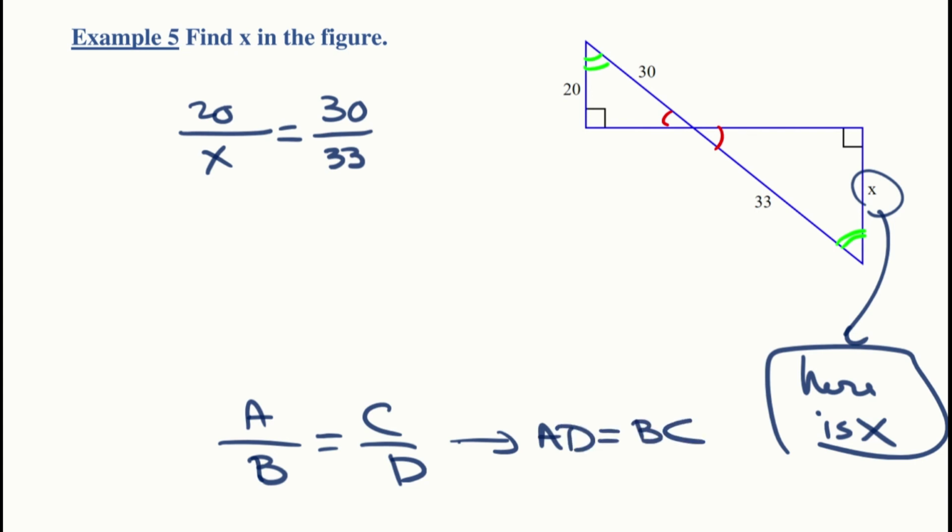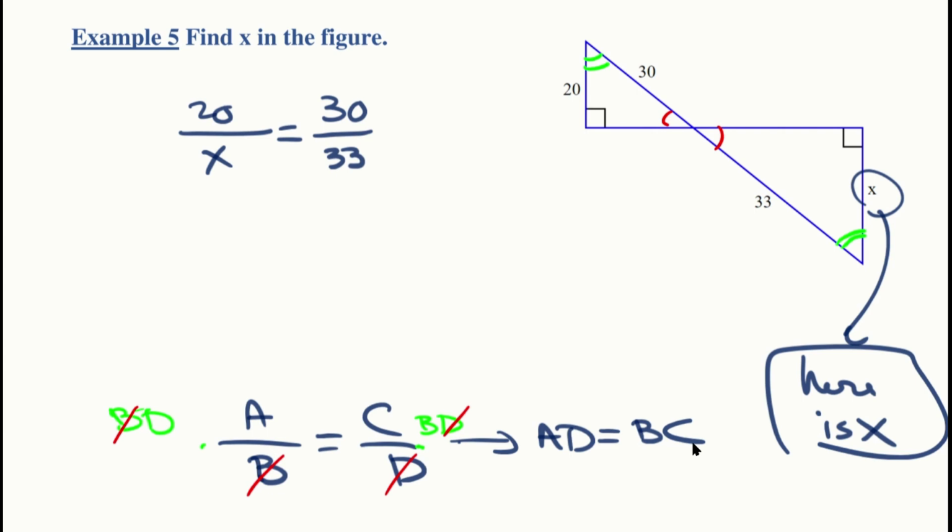In case you're wondering why that happens, easy. What we're doing is we're just multiplying both sides by the common denominator of both sides, which is BD. See? Now B cancels B here and D cancels D here. So you get AD equals BC.